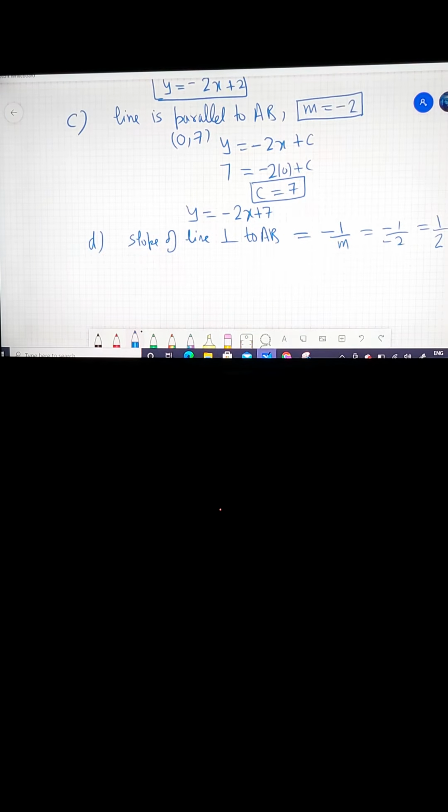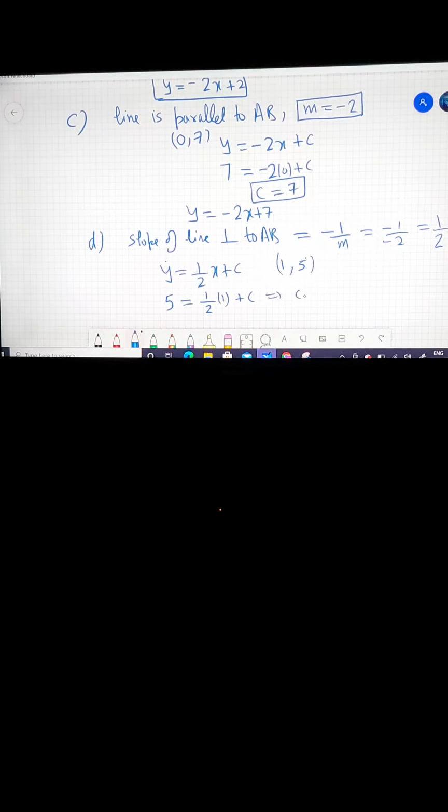And now we have to see through which point it goes. It passes through the point (1, 5). So now we have the equation y equals 1 by 2x plus c, and the point through which it passes is (1, 5). So what does that mean? That y is 5 and x is 1. So let us just replace these values. So 5 equals half into 1, which will give me half only, plus c.